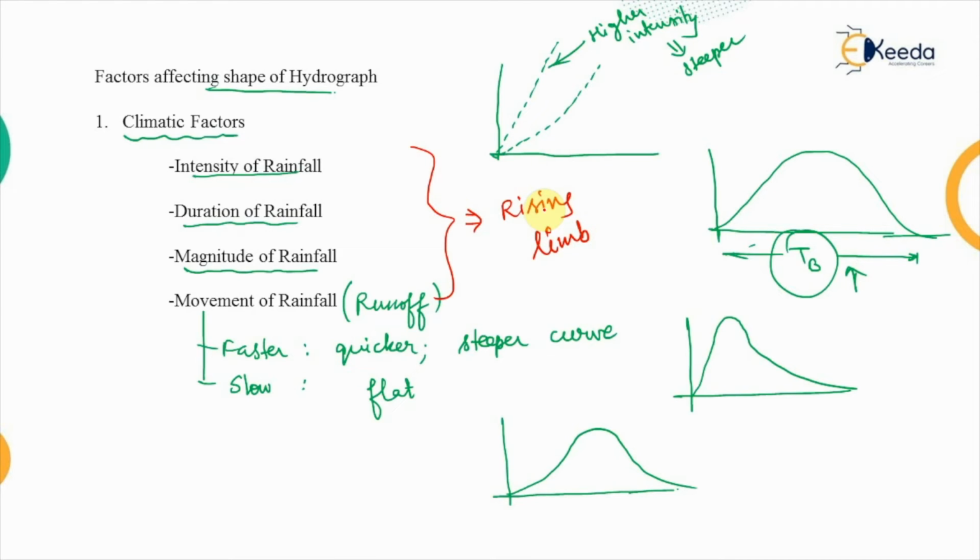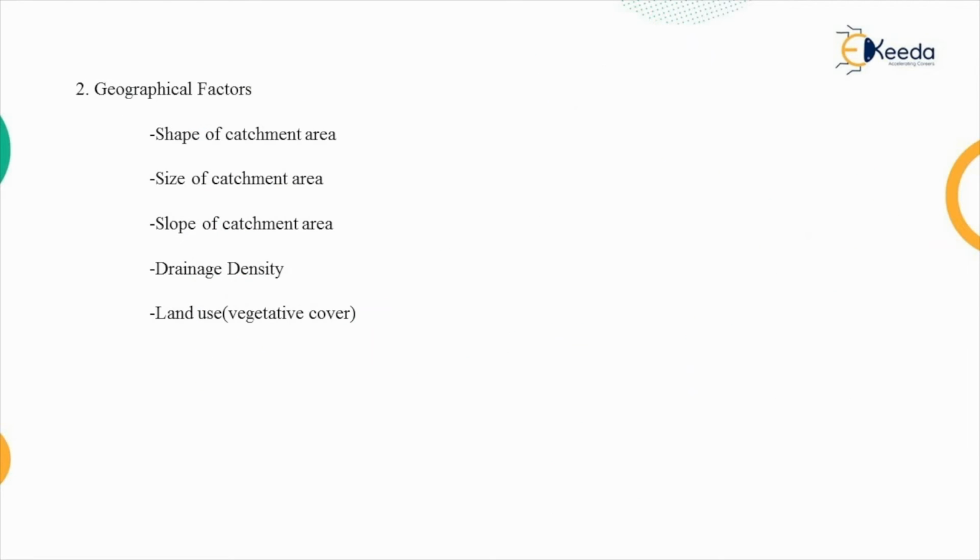Then the next category of factors which affect the shape of the hydrograph is classified as the geographical factors, which are important ones. First of all is the shape of the catchment area. That is a very important aspect as far as the hydrograph is concerned.